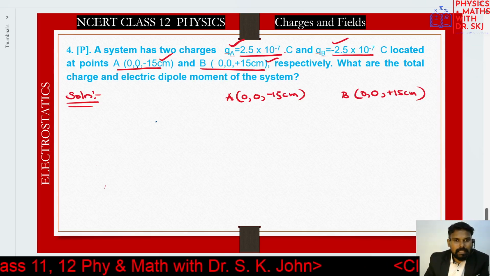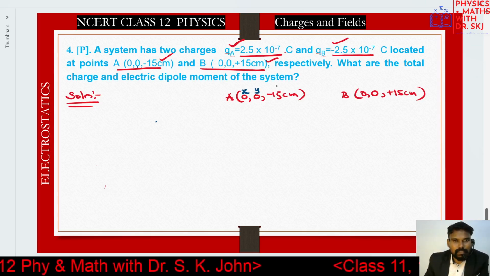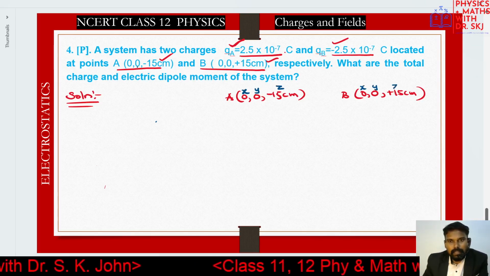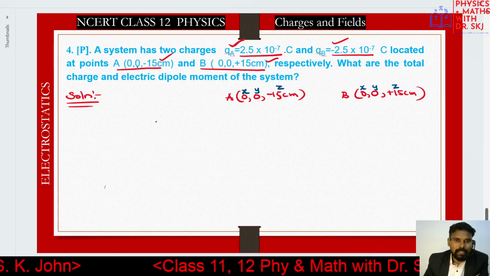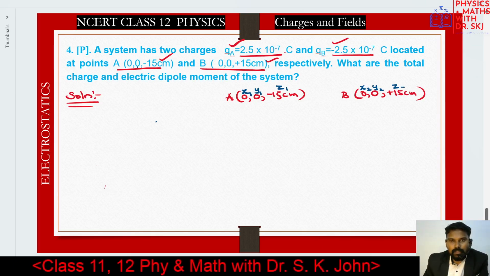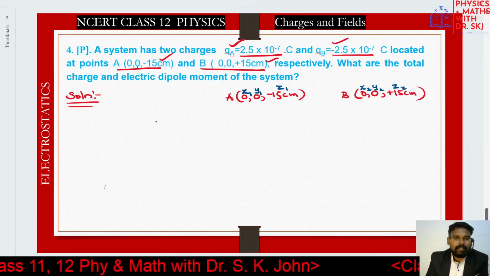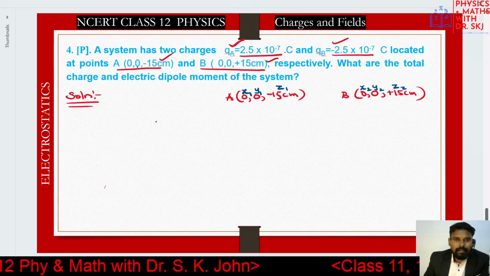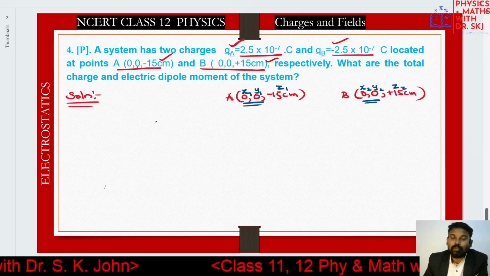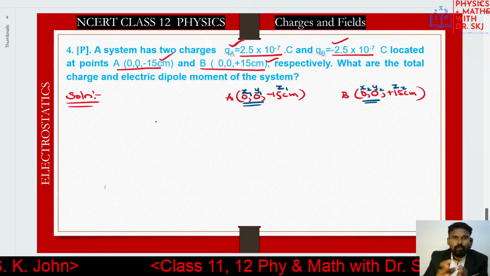You know, this is the x coordinate, this is the y coordinate, this is the z coordinate, and here this is the x, y, z coordinate. Or I can represent it like x1, y1, z1, and x2, y2, z2. So it is very clear that in both A and B, the x coordinate and y coordinate both are 0.